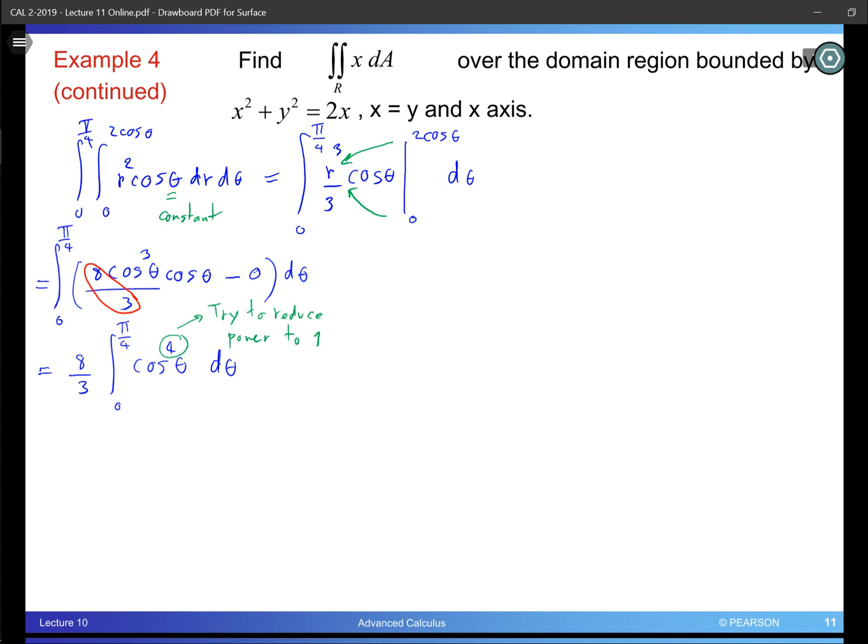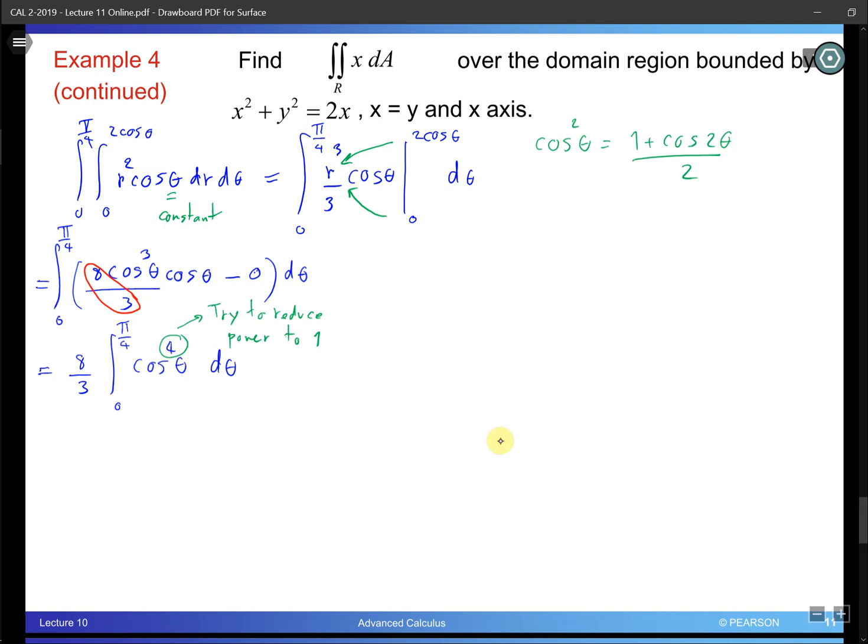So let's use some property that we learned from trigonometry class. So we learned that cosine theta squared equals 1 plus cosine 2 theta over 2. This is from a long time ago, maybe from high school or maybe from middle school, I don't know. But this has been proven and we are going to use it. So here we are going to use this to evaluate cosine to the fourth.